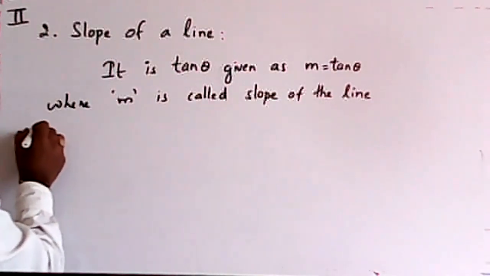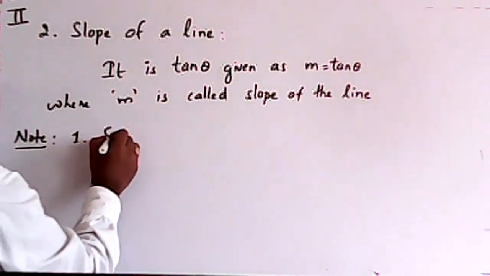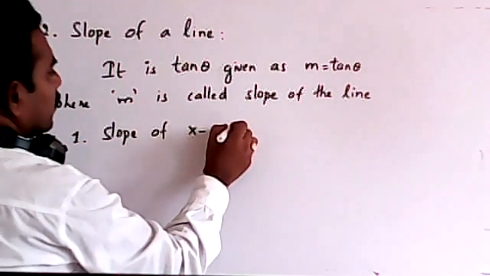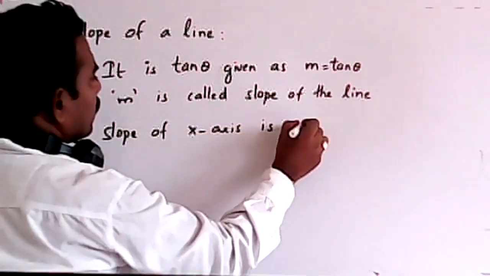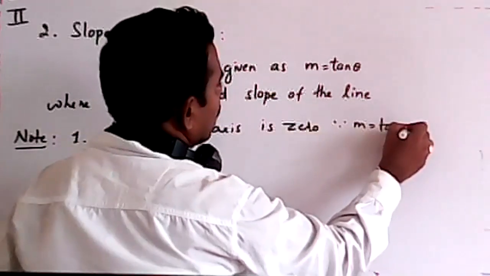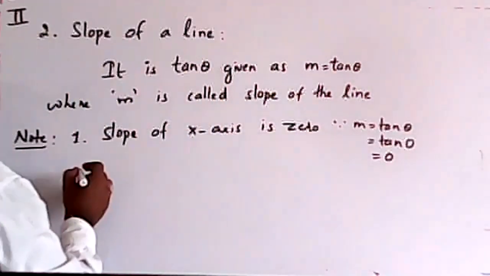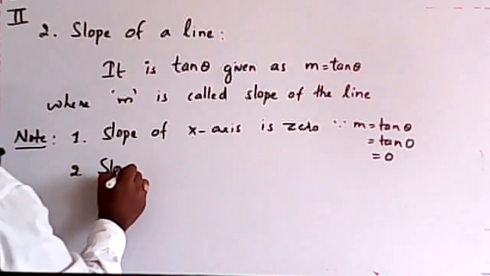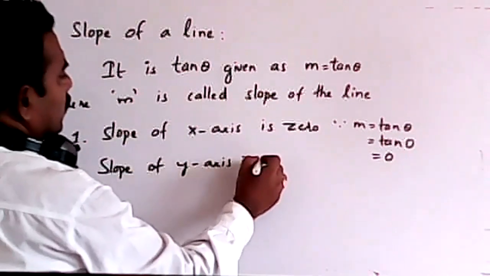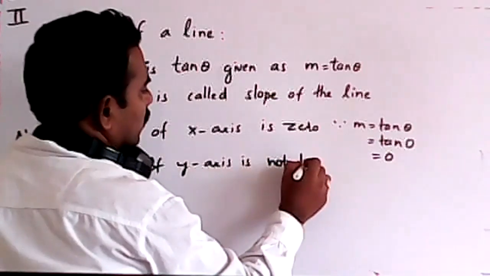Here let us take the note now. First one, slope of x-axis is 0. Reason, m is equal to tan theta, nothing but tan 0 is equal to 0. Similarly, second one, slope of y-axis is infinity, means not defined.